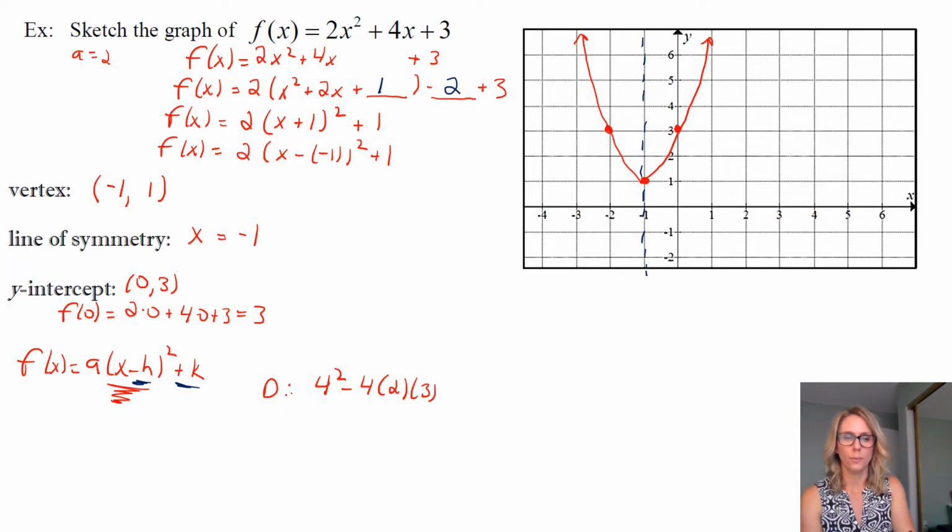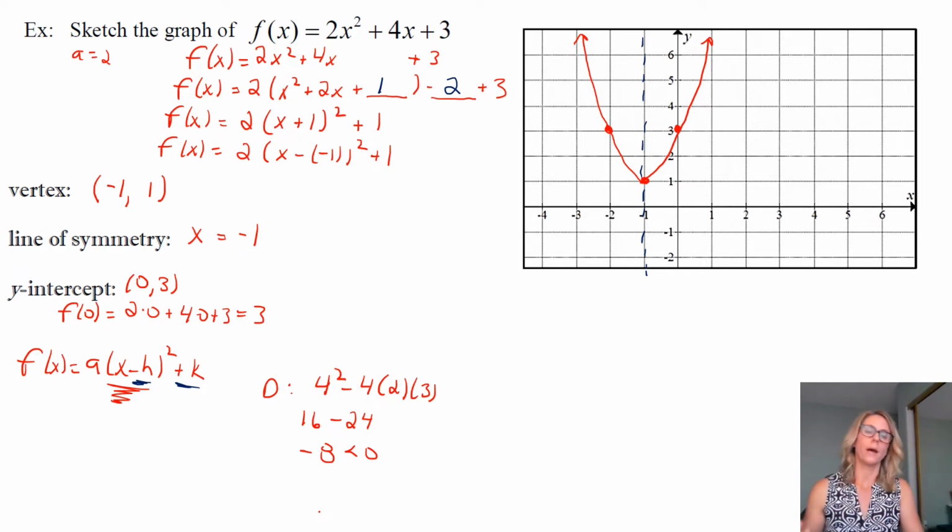So you can see pretty easily that you have 16 minus, looks like a 24, and that's going to be a -8. So the fact that this discriminant is less than 0 is telling us that we have no real solutions to setting that function equal to 0.